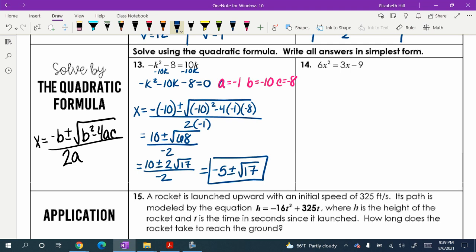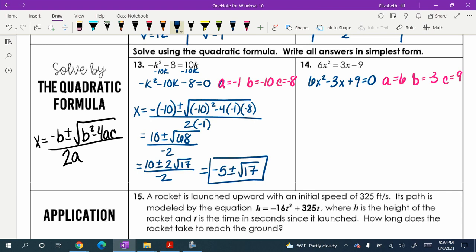All right, number 14, if I get everything equal to 0 here, so 6x squared minus 3x plus 9 equals 0. Typically, what I do like to do is I like to get my value of a so that it is positive. I do think that makes for things to be a little bit easier down the road, but it's not something you have to do.